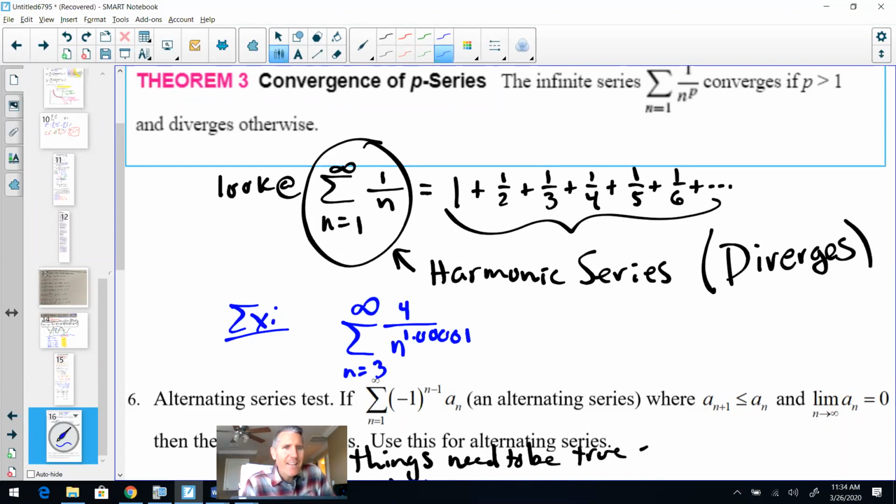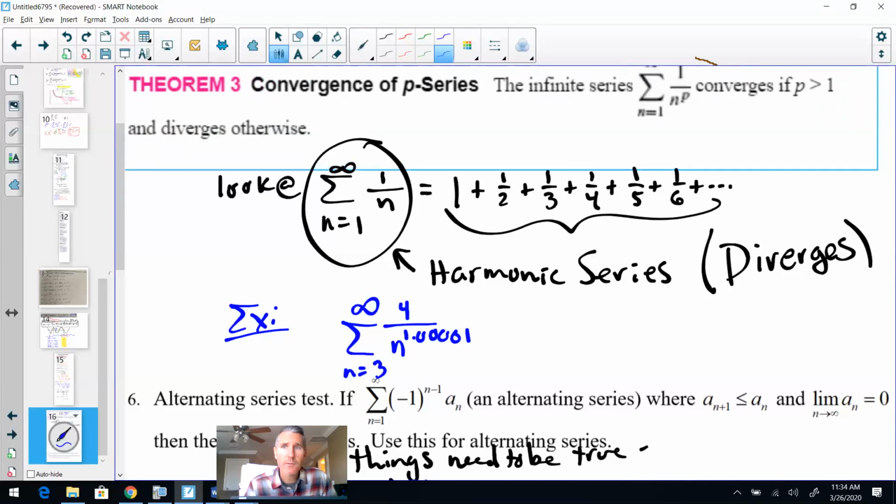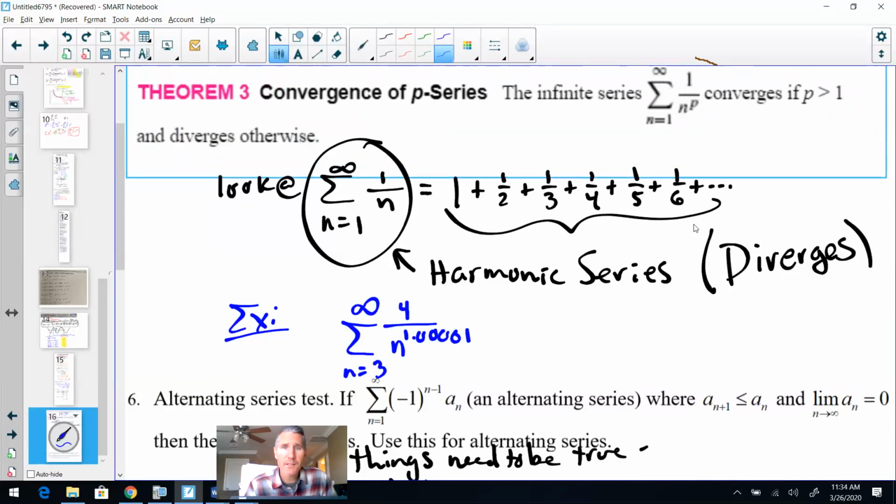First of all, it doesn't matter what this constant is in the numerator, as long as it is a constant divided by n to this power. So you have to ask yourself, is that power greater than 1? Well, yeah, it is. Because the power is greater than 1, that series will converge. So this guy converges.